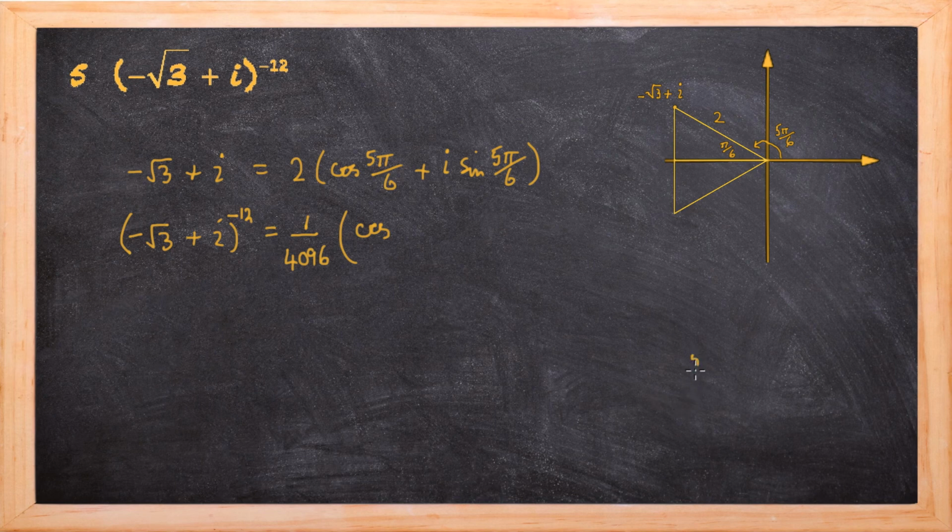And let's look at that. 5 pi upon 6 times negative 12. Well, the 6 goes in 12 twice. It's negative 10 pi when that's worked out. Plus i sine negative 10 pi. So modulus 1 over 4096.